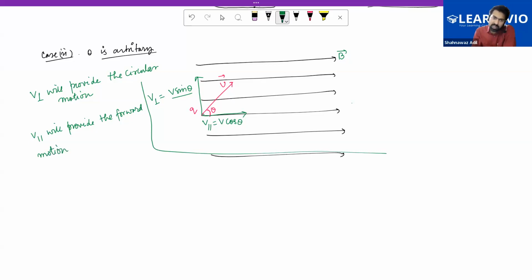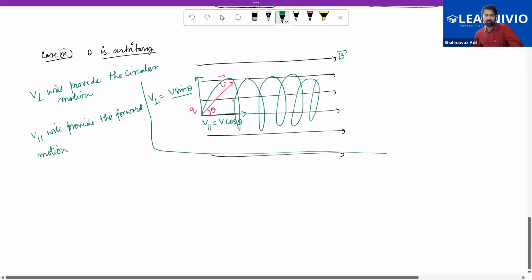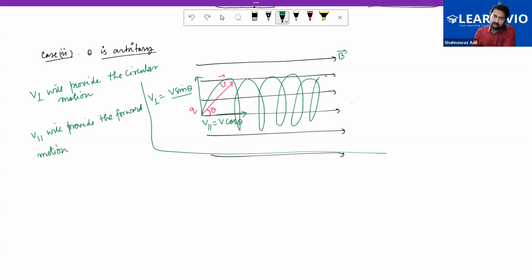So now the charged particle will follow this path. This path is circular, and this is the forward motion.